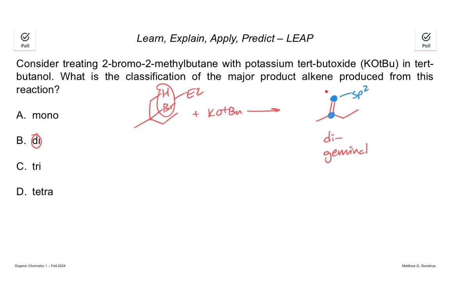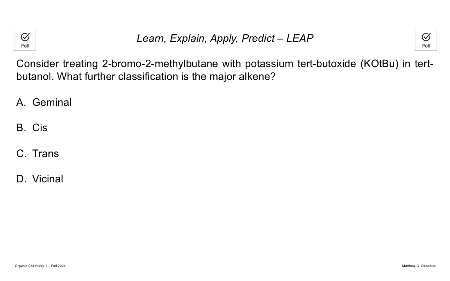So that one has none. This has 1, 2, so then it's di. Since they're on the same carbon, that means geminal. So that was geminal.